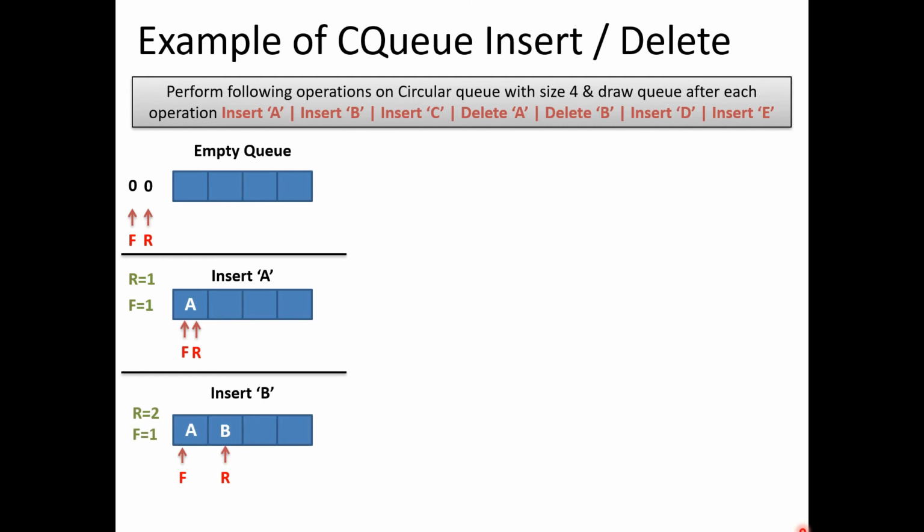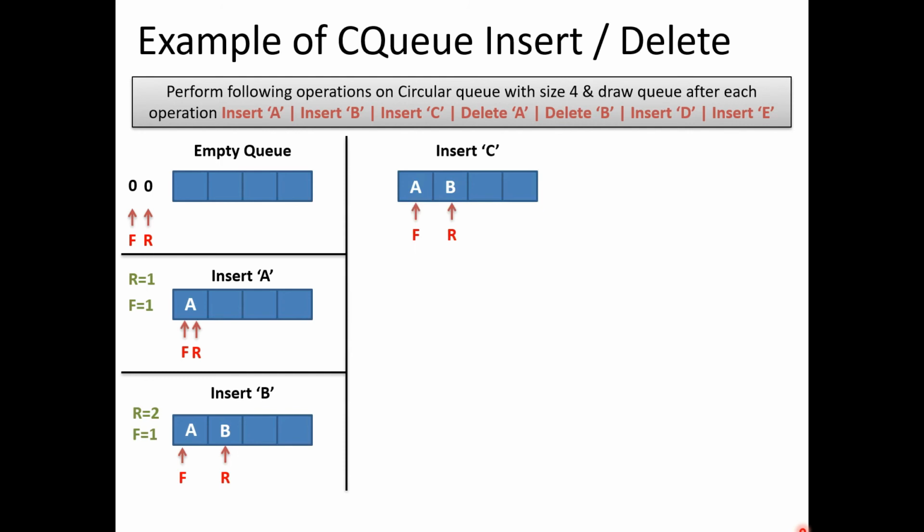So our front is equal to 1 and rear is equal to 2. Now insert C. So our rear is again incremented by 1 and at that location element C is inserted into Q. So our R becomes 3 and F is equal to 1.